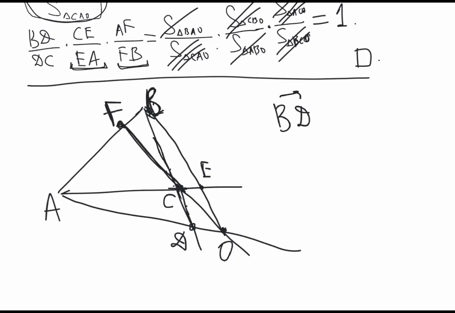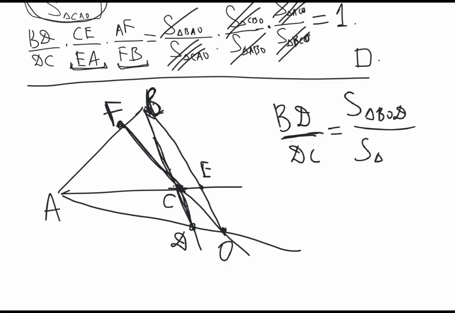BD over DC, right? So here this would be equal to, first without the vectors, the ratio of BD and DC. This would be equal to the ratio of the triangle BOD over the triangle COD.